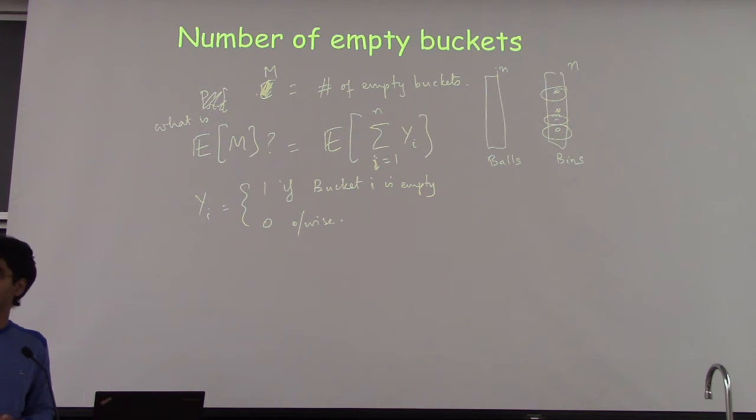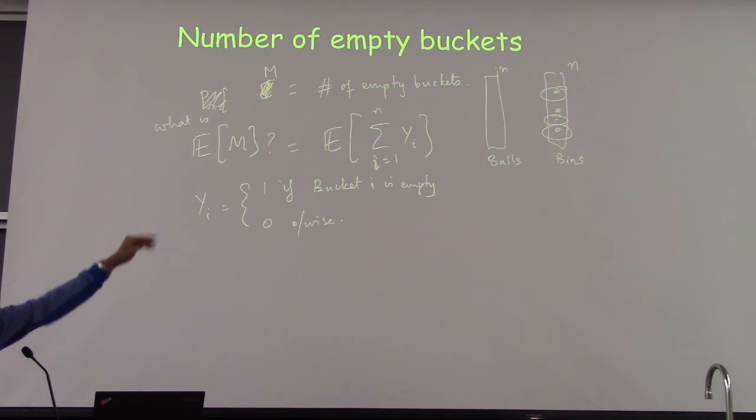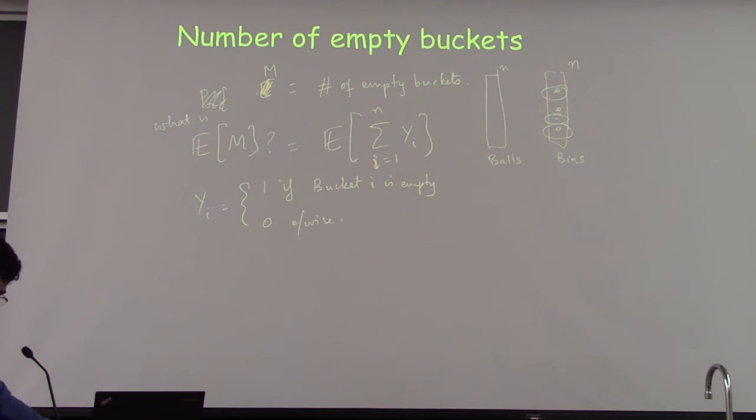This is one example where linearity of expectation is quite powerful. Now we just have to evaluate the expected value of Y_i. Y_i is a 0, 1 variable, so to compute its expectation, we just have to know the probability that it's 1. So what is the probability that Y_i equals 1? Or equivalently, the probability that bucket i is empty.